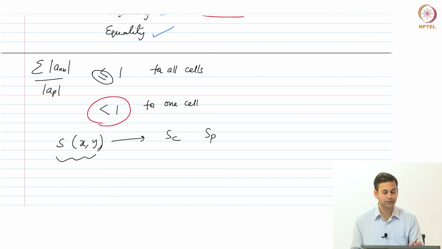Which term do you put it in, SC or SP? SC, right, because this does not depend on the dependent variable. It is only a function of the independent variables and it will go into the constant term, okay.